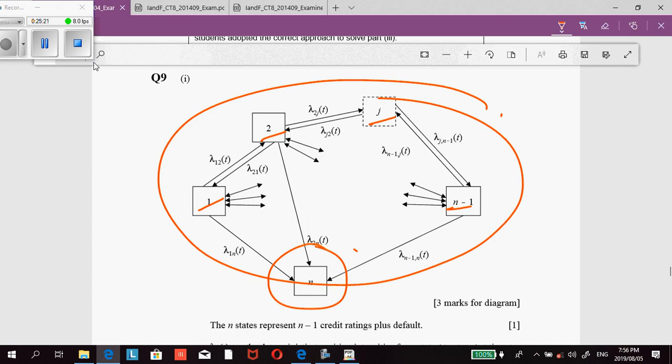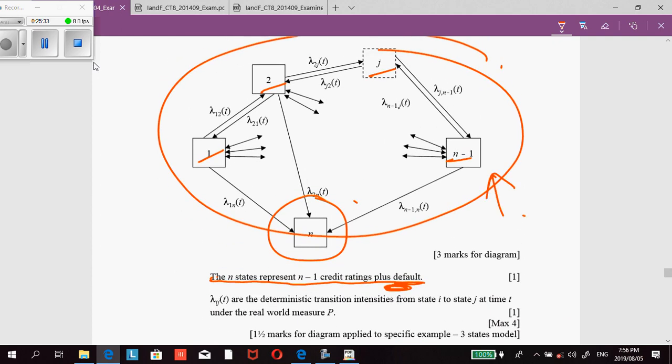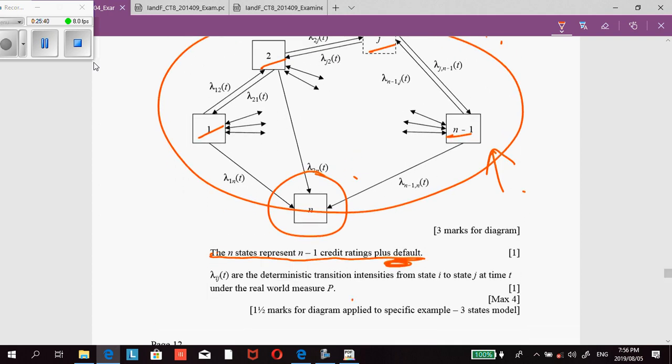So this is the n state representing the n minus 1 credit ratings plus default. So this is the diagram the examiner is looking for. Okay. And define these transition intensities. So lambda ij(t) are the deterministic transition intensities from state i to state j at time t under the real world.